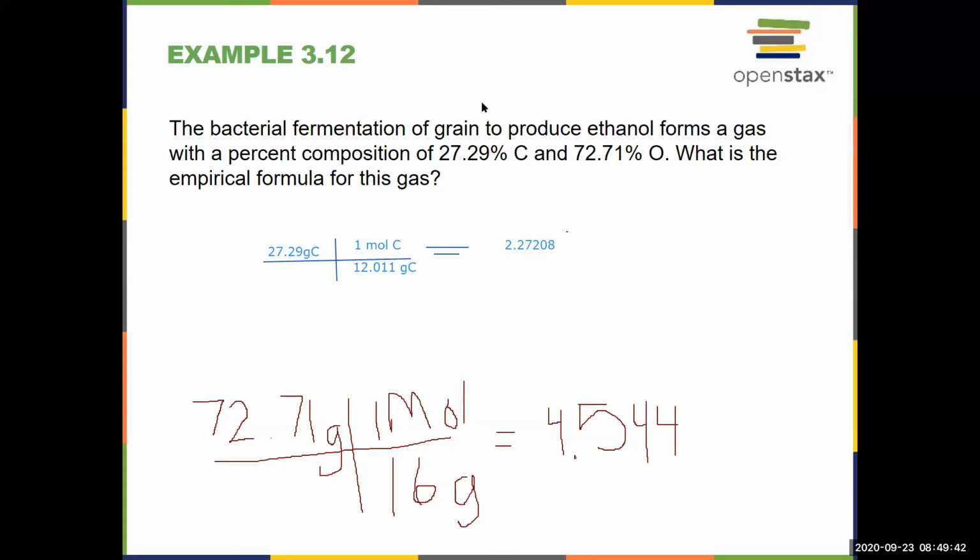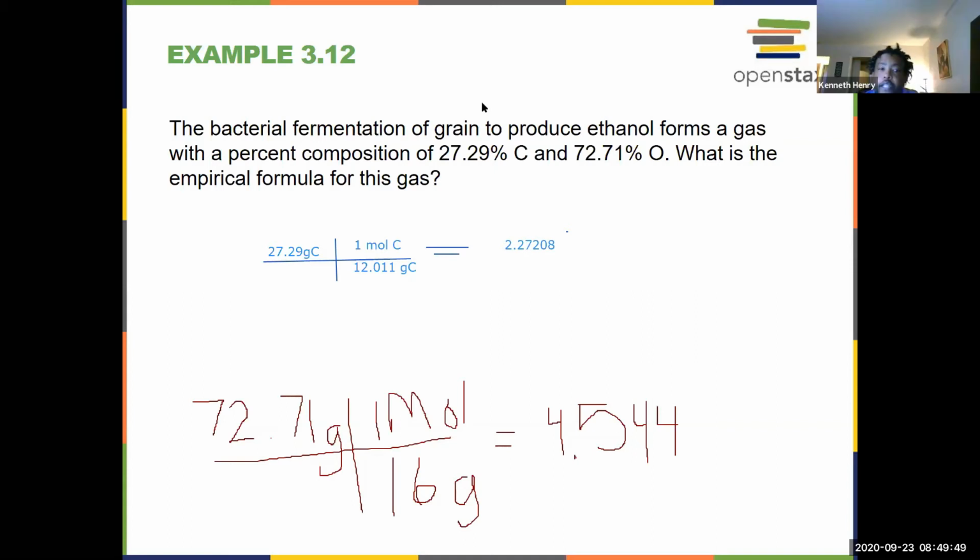Are you going to convert to the ratio of moles, to the lowest number? So I'm going to divide by the smallest number. Which one is the smallest number?